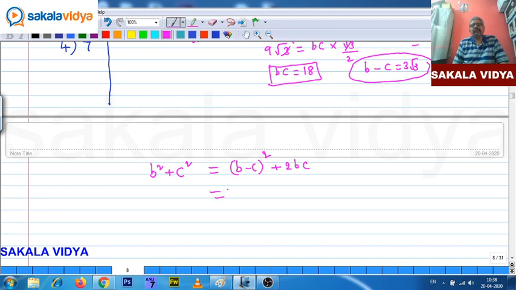Let us substitute. b minus c is equal to 3 root 3. 3 root 3 whole square is 27. Am I correct? Plus 36, since bc is equal to 18 and 2bc is 36. So how much will you be getting? This is 63. Am I correct now?